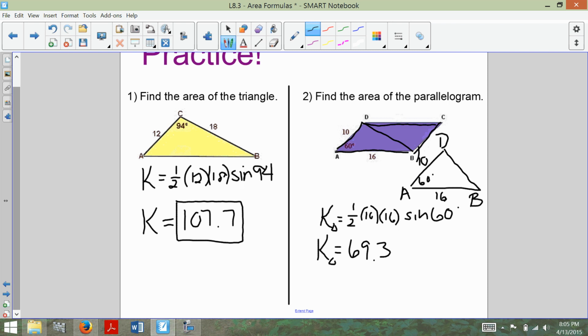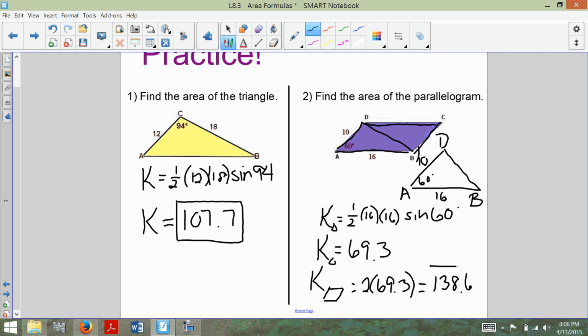So very simply, all we have to do to find the area of the parallelogram is multiply that old area by 2. So 2 times my old area will give me the area of the parallelogram, which is approximately 138.6 square units.